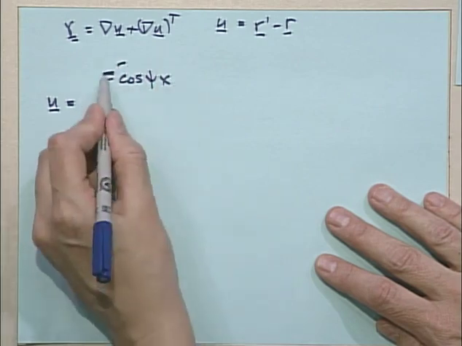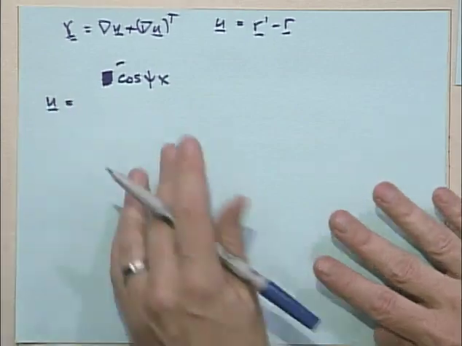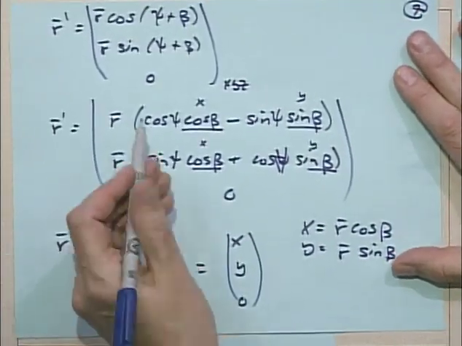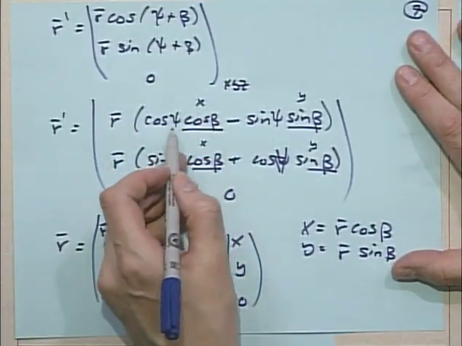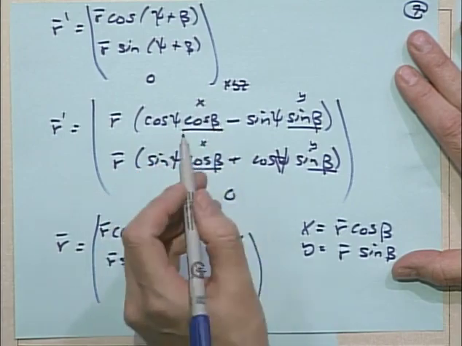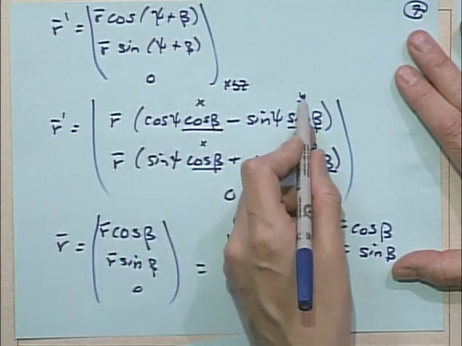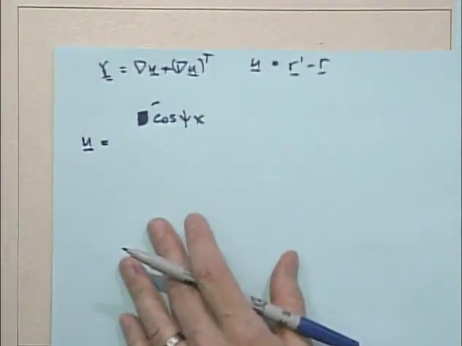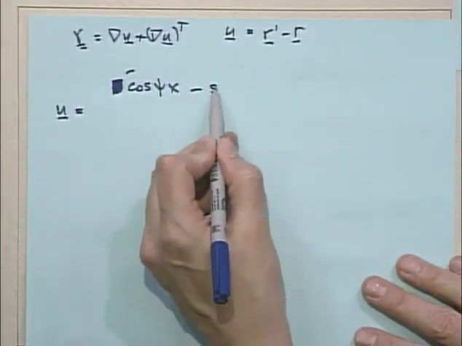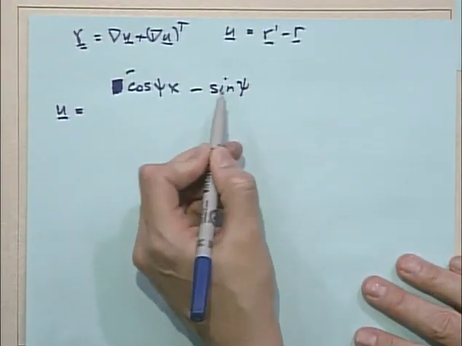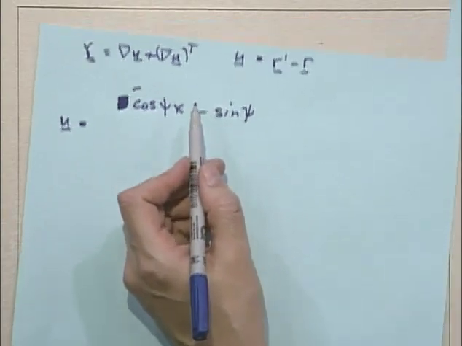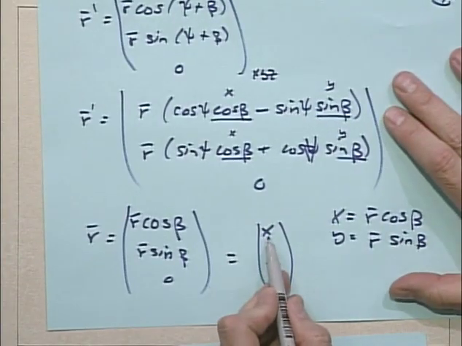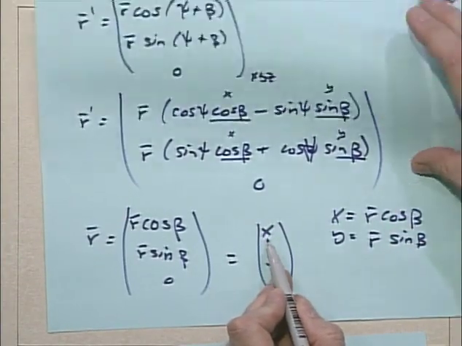No, excuse me, no r anymore, because r cos beta is x, so I end up with x cos psi. And r sine beta is y, so I get minus sine psi times y. And then when I subtract r, I subtract an x.